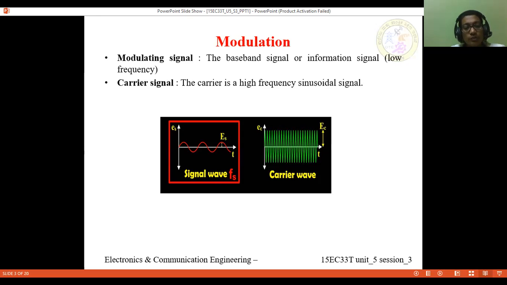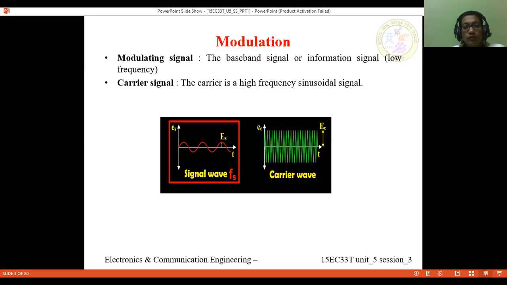In this concept of modulation, we basically need two signals: the modulating signal and the carrier signal. The modulating signal is also called a message signal, baseband signal, or information signal. This is always a low frequency signal. The audio that we are going to transmit will be in the range of 20 hertz to 20 kilohertz.